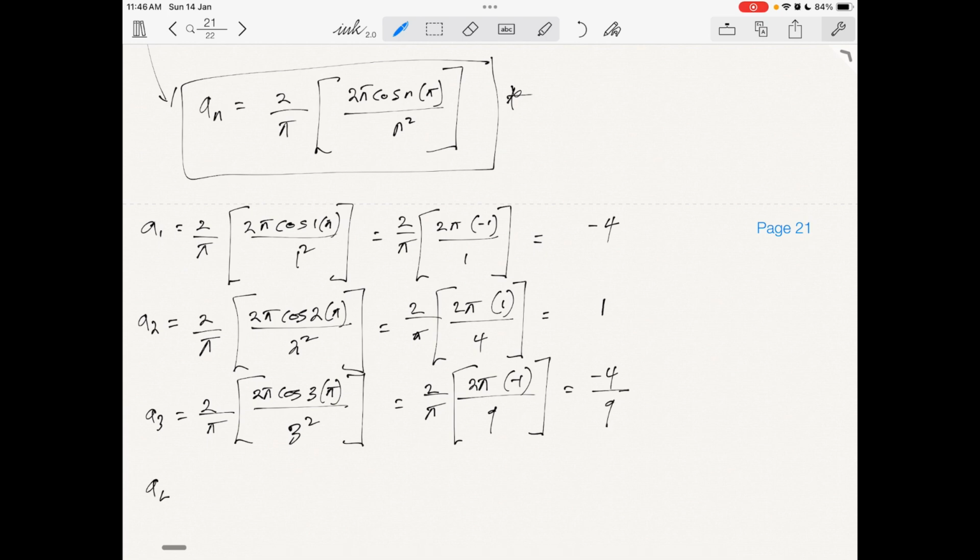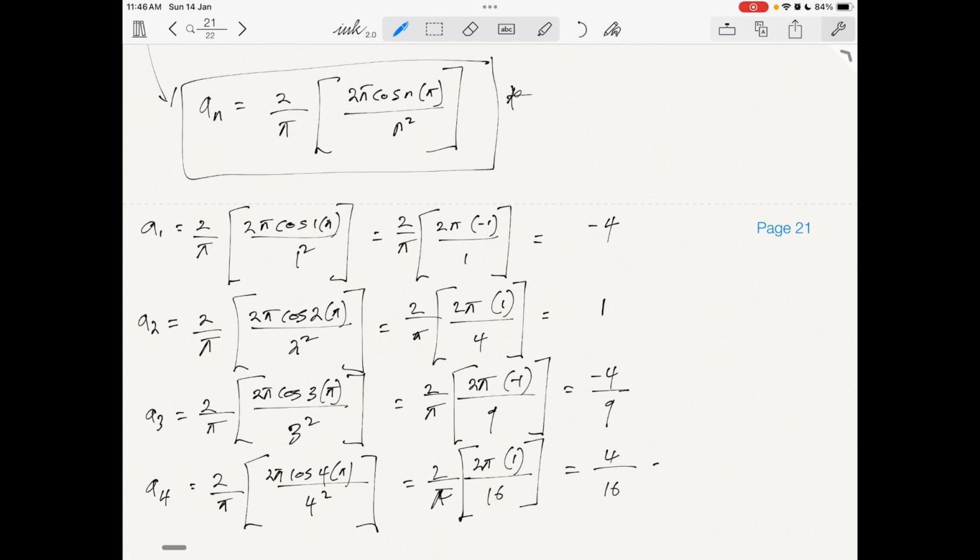Now let's go to a4. That gives us 2 over pi, 2 pi cos 4 pi over 4 squared. That will give us 2 over pi multiplied by cos 4 pi, which is 1, divided by 16. In essence, this will give us 4 over 16, which is equal to 1 over 4.